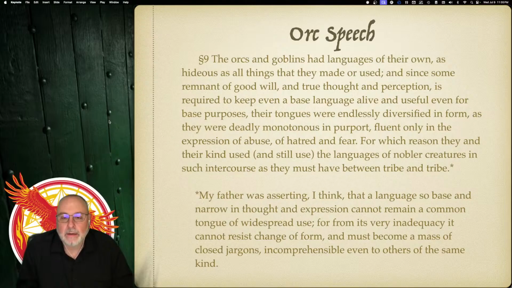Tolkien openly speaks of the orcs as having a base language being used for base purposes. And he does attribute their lack of goodwill and true thought and perception. Their whole intellectual and moral apparatus is stunted by their baseness, by the fact that they use language only for expressions of abuse, hatred, and fear.